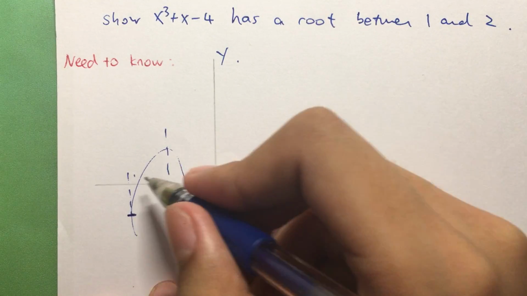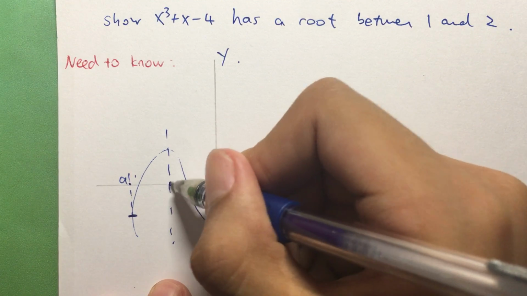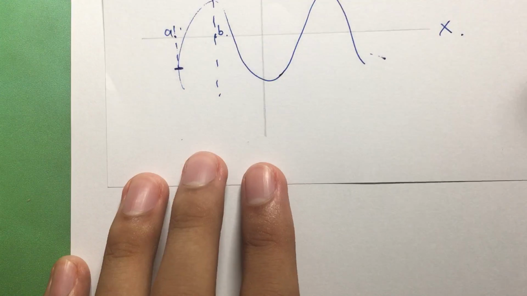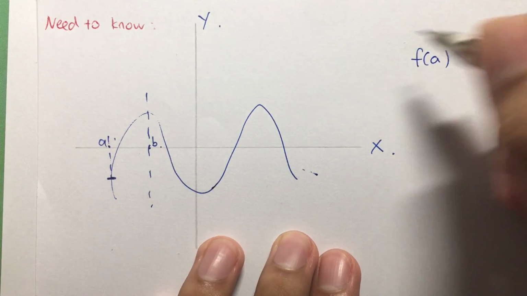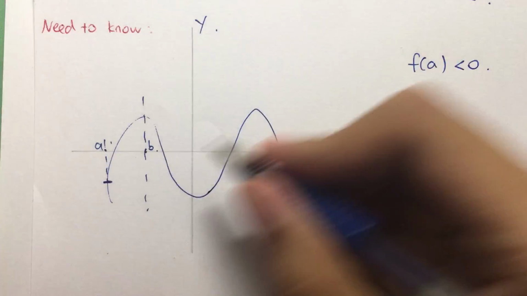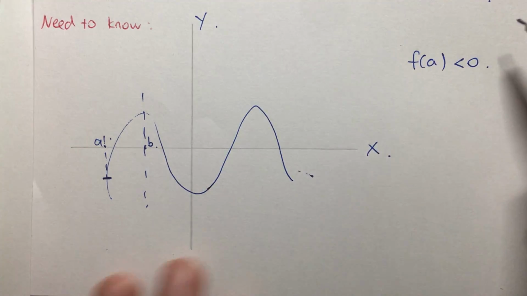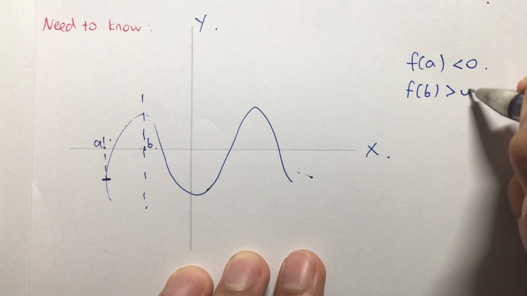So the domain of x, for example, is from a to b, and we know that f(a), the value of y, is smaller than 0, which is under the x-axis, and f(b) is greater than 0.